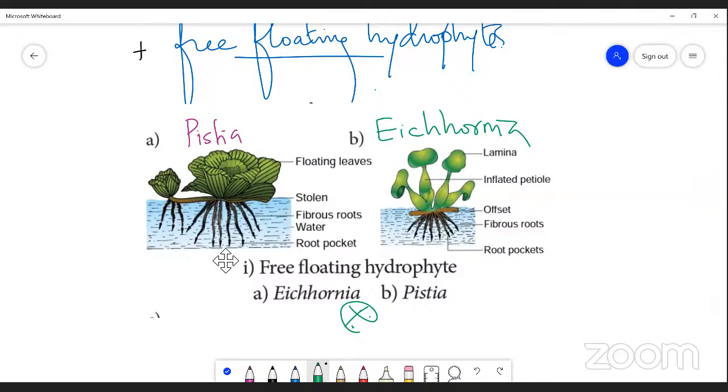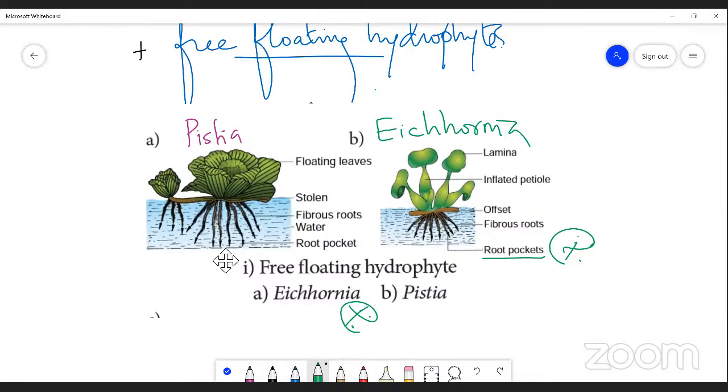Whereas in Pistia, the root is poorly developed, right? So this is one of the anatomical characters. While discussing anatomical characters, I'll tell you that. So please understand the free floating hydrophytes, Eichhornia and Pistia, which are given by mistake in your textbook. Please rectify. The first diagram indicates Pistia, and the second diagram indicates Eichhornia.